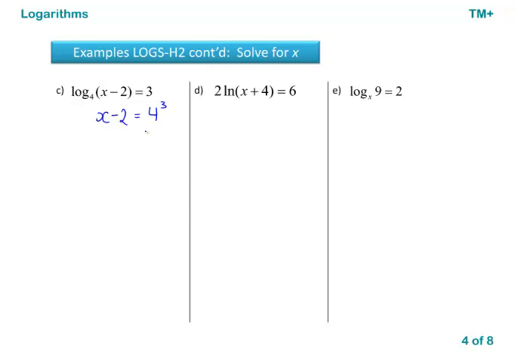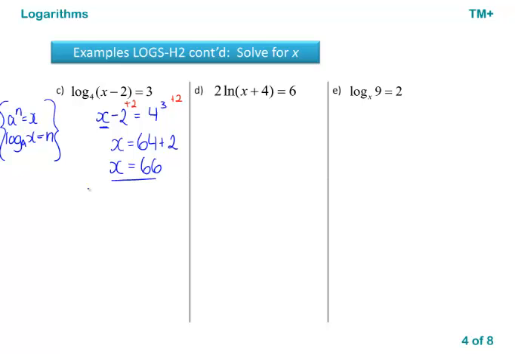Again, I've just rearranged that log, using a to the n equals x, then log a of x equals n. I want to get x on its own, so I add 2 to both sides. I end up with x equals 4 to the power of 3, which is 64, plus 2, and that's 66.